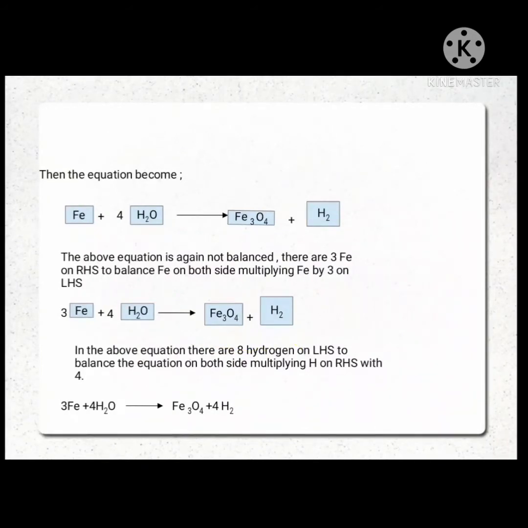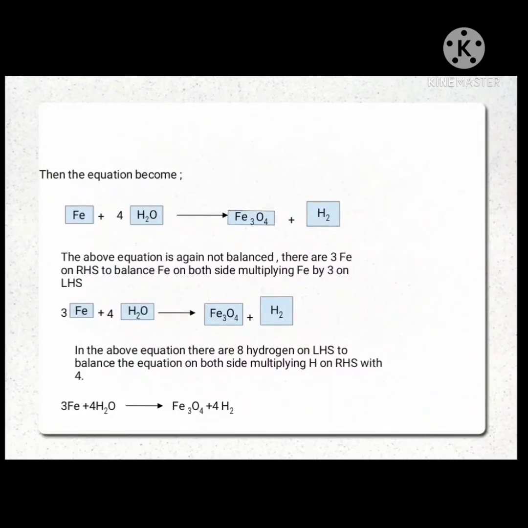Now, the iron atom and oxygen are balanced. What is remaining here? Hydrogen. In this equation, hydrogen is 8 on the left hand side and on the right hand side there is only 2 hydrogen atoms.